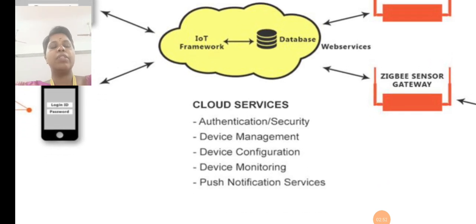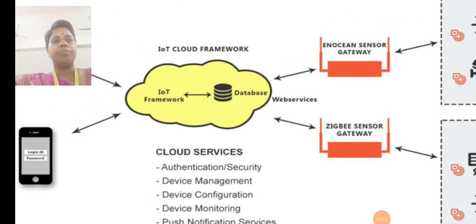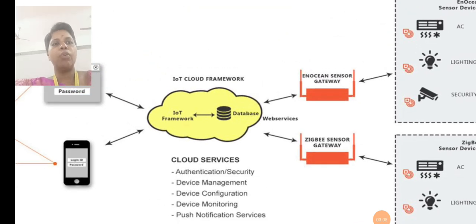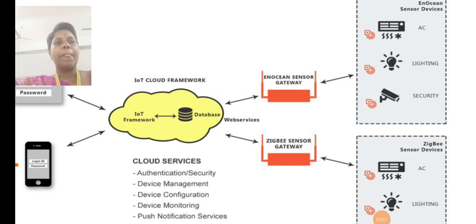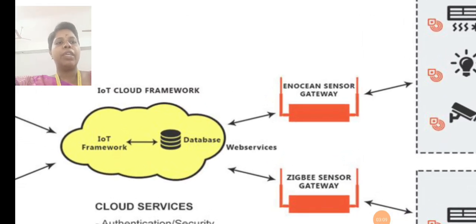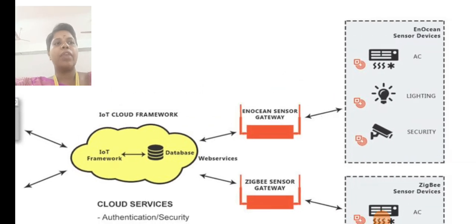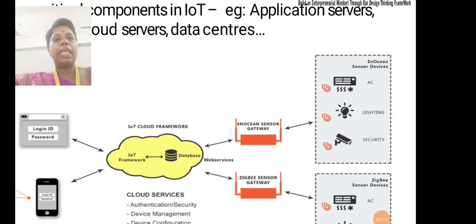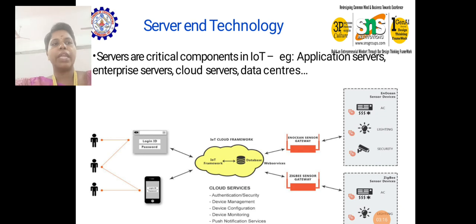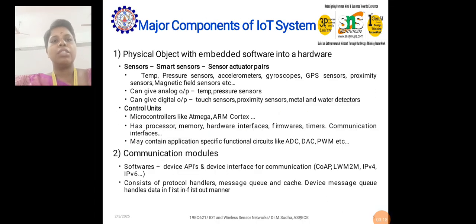This cloud service consists of these facilities: authentication, security, device management, device configuration, device monitoring, and push notification services. So this is how the IoT cloud framework is accessed. After that, here we have the Zigbee sensor gateway, which communicates with the end device. So this is how the server and technology is used in the Internet of Things.